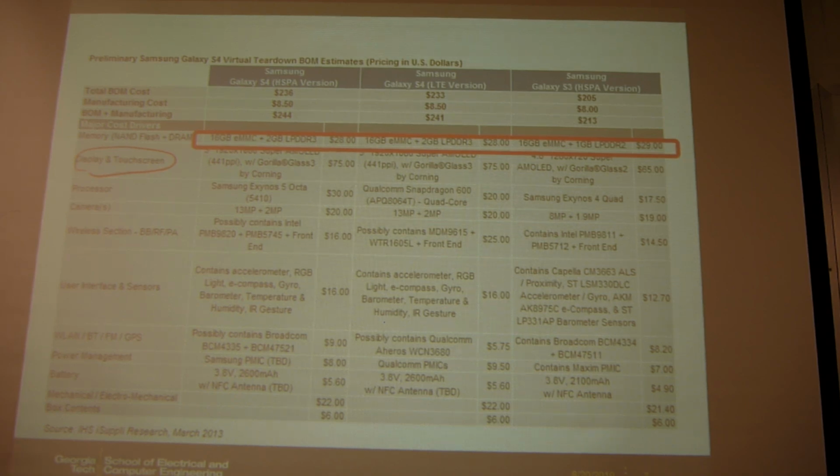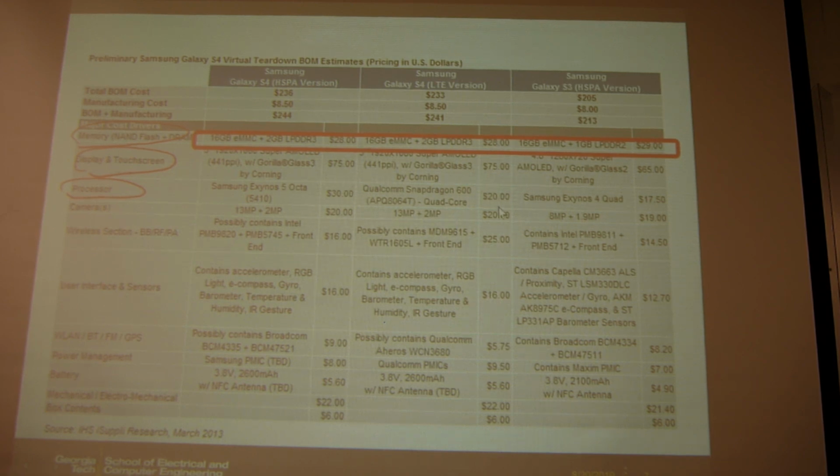And the next one actually is the memory components. Here, the memory components are typically the NAND flash plus the DRAM. Those are separate chips, but combined at that time like $28. It's kind of equivalent to the processor here. The processor is like $30, the Samsung one or the Qualcomm Snapdragon at that time.